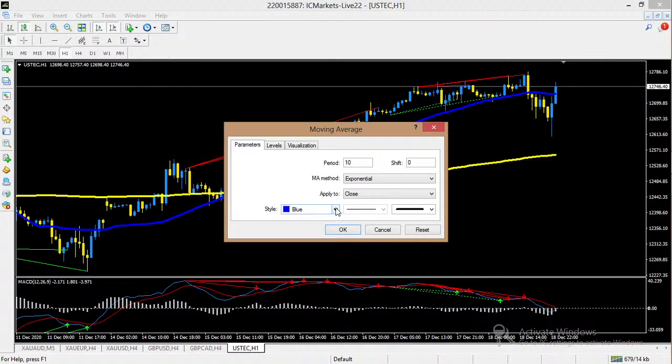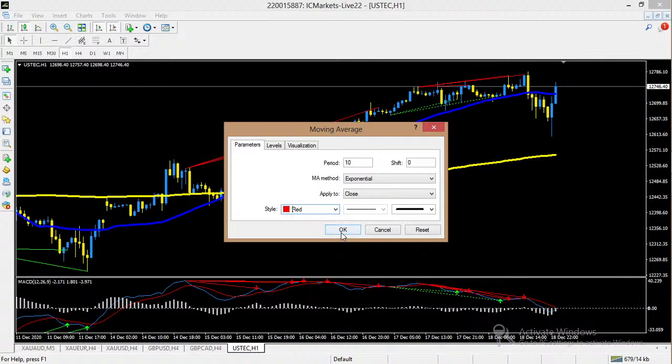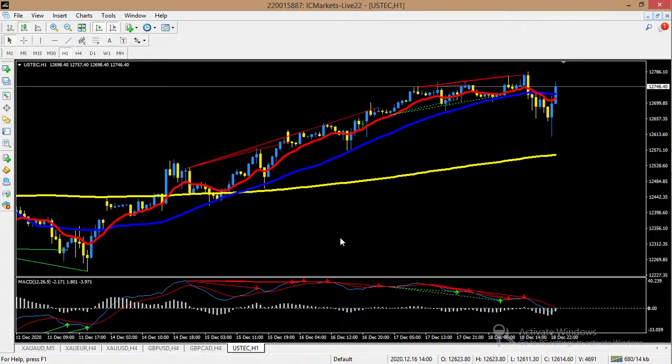I would like to use the red color. So this is the secret. With these settings now, you can be able to determine where you make your entries from.